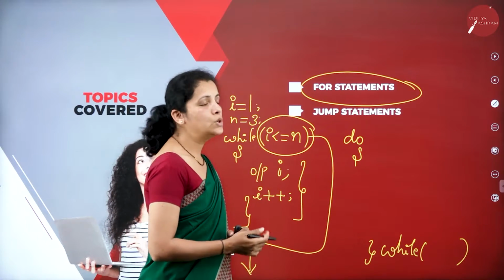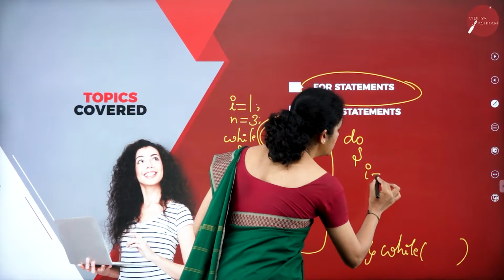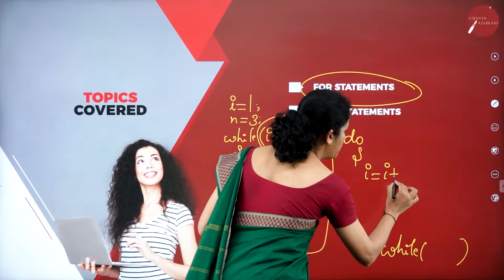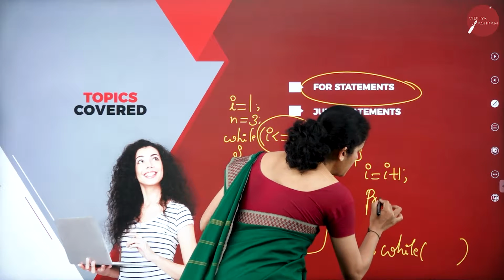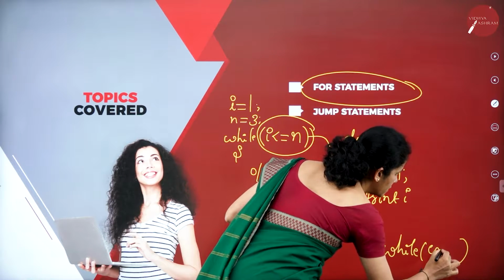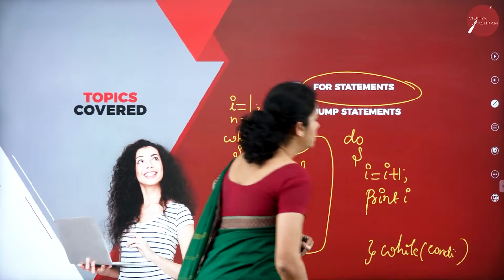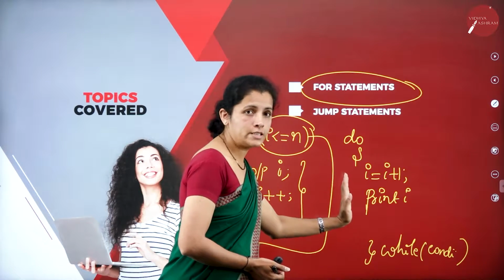And if I consider do while, first I'm going to write the statement, that is i equal to i plus 1. Then I'm going to print i. Then I'm going to write the condition here. So here, see the structure. At the beginning, I'm going to have the statement.